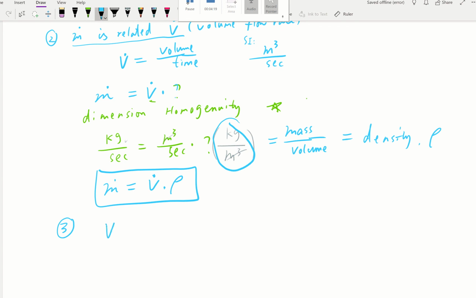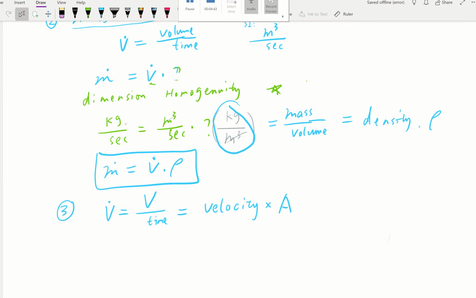Quick recap of volume flow rate from last time. Volume flow rate is not only volume over time, it's also equal to velocity times cross-section area, right? That's one of the concepts we talked about in the previous video.